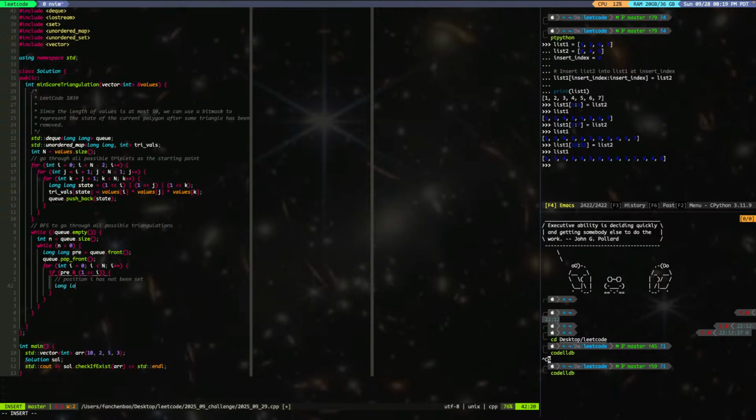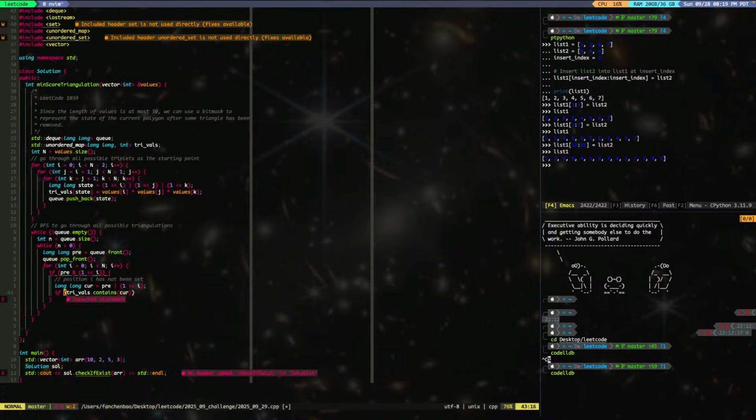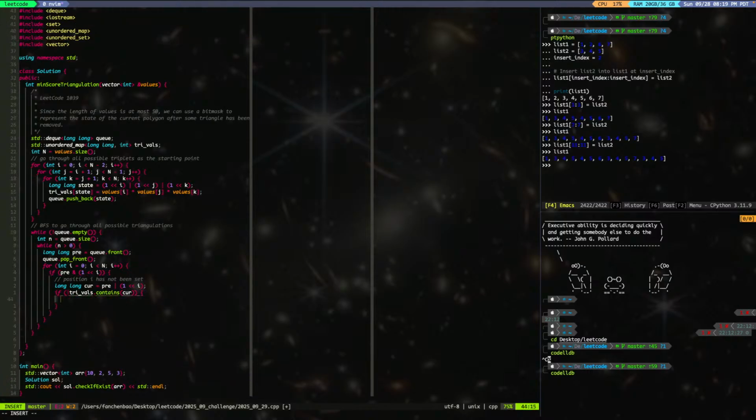So long current equals pre or 1 left shift i. And if trie vals does not contain current, that's when we are going to do the computation.